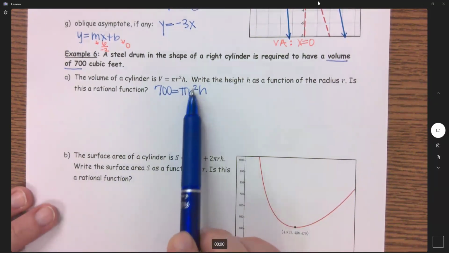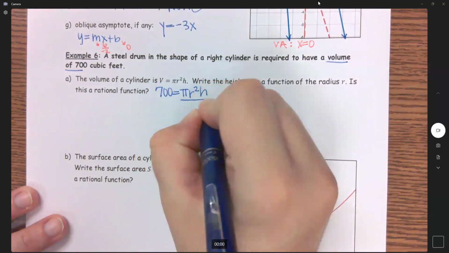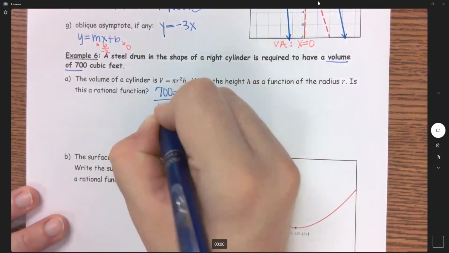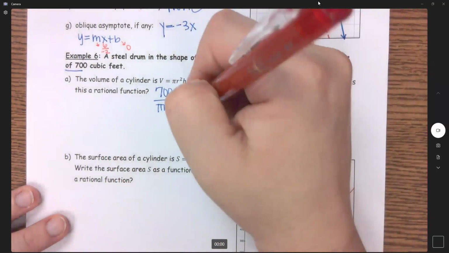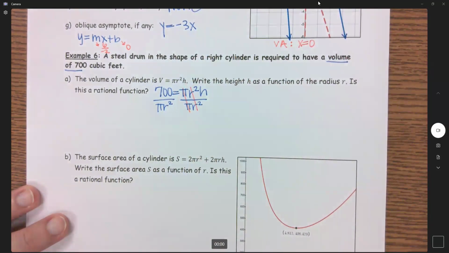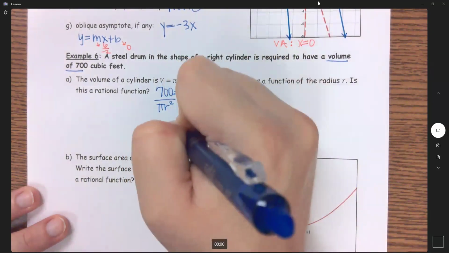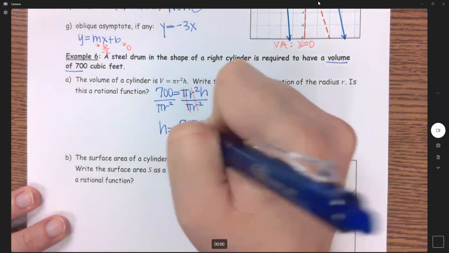That is pi times r squared times h. The opposite of multiplication is division, so I'm just going to divide all of that over. Those cancel, and I'm just left with h. Now I'm going to rewrite the order, and we get h equals 700 divided by pi r squared.